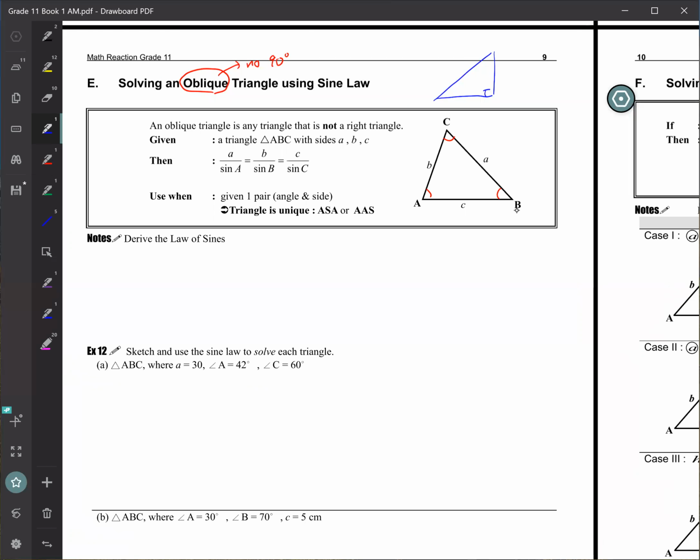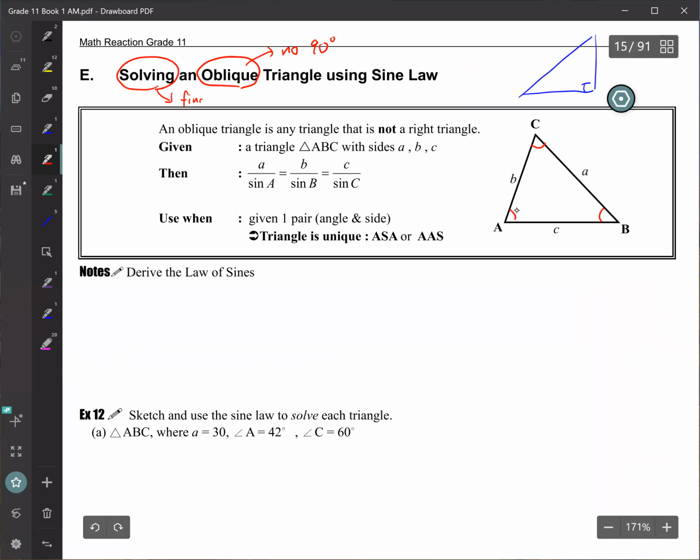So when they say solving an oblique triangle, solving means you find all the missing parts, okay? How many parts are there in total? We have 3 angles, right? Capital A, B, C. And then you have the sides.